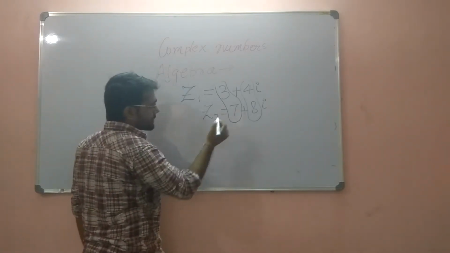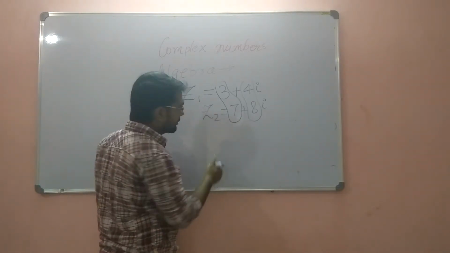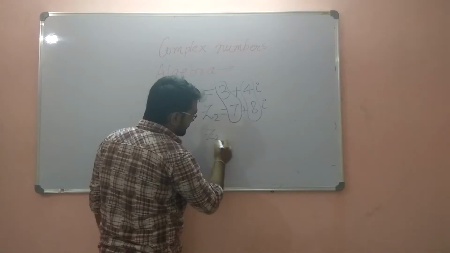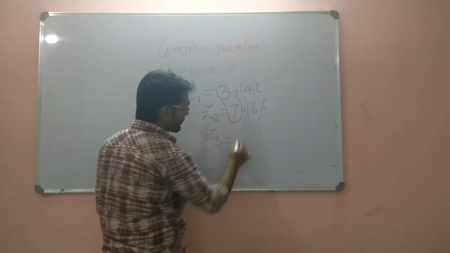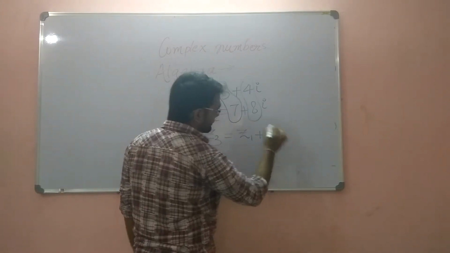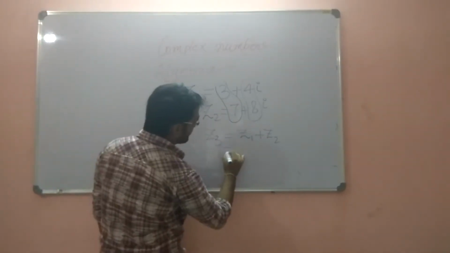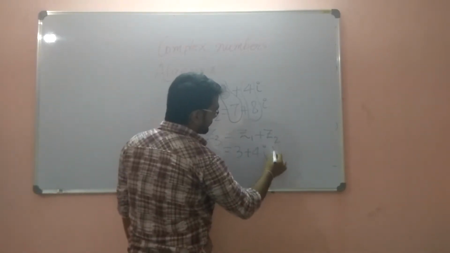So let's suppose the resultant, or the addition of these two complex numbers, is Z3. So Z3 would be Z1 plus Z2, right? What is Z1 here? It is 3 plus 4 iota.